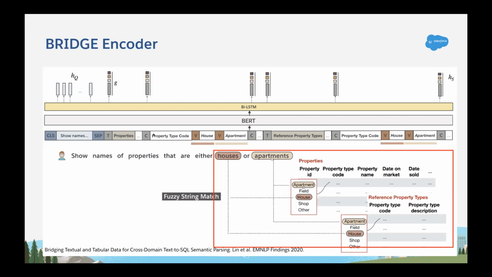For each column, we do string matching or another type of semantic matching between the tokens in your question and the values of this column. If some values match the tokens in the question, we add those values after this column and add a V token to represent the value of this column. Yeah, that is the trick.